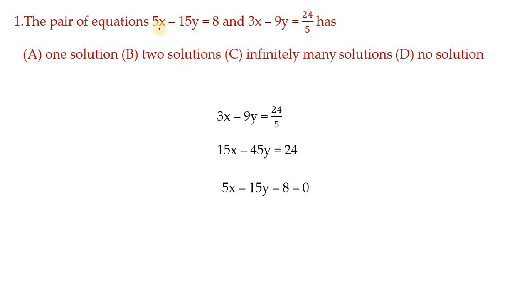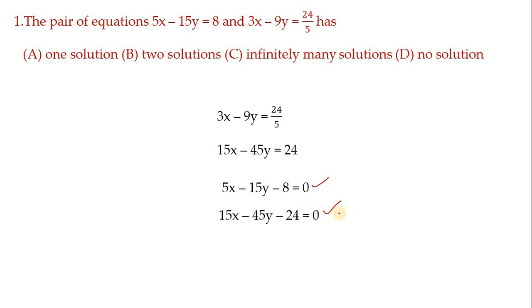Next consider the first one, and this 8 you transfer to this side, children, we get minus 8. Now it is in standard form. Now consider the second equation, it is also not in standard form, because this 24 you send to the left side. Now this is in standard form. Now both the equations are in standard form.